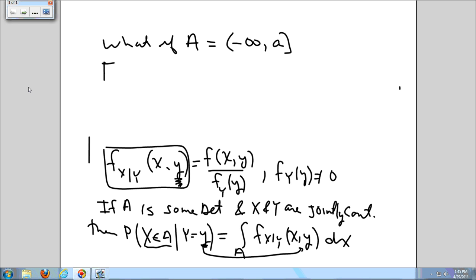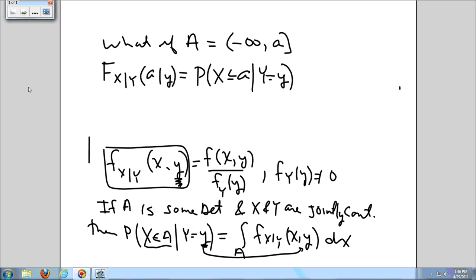So F sub x given y of a given y is equal to the probability that x is less than or equal to a, given that the random variable y is equal to little y.